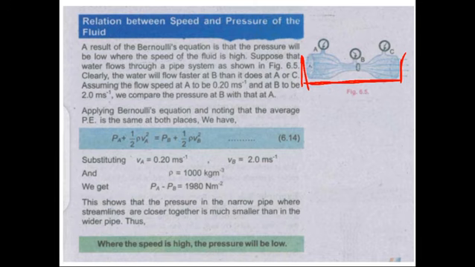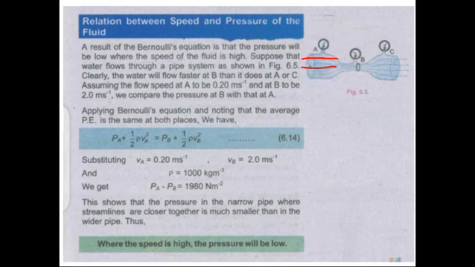So we have discussed the relation between speed and pressure. Keep in mind, when this area is broad, the water layers are apart from each other as compared to the B portion, while in the B part the lines are very narrow with each other.